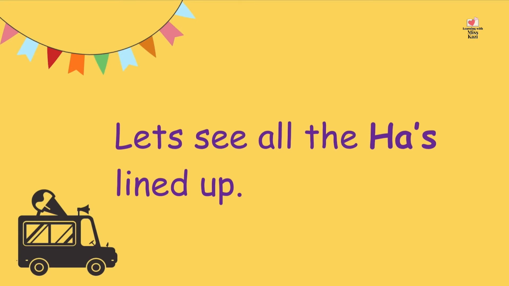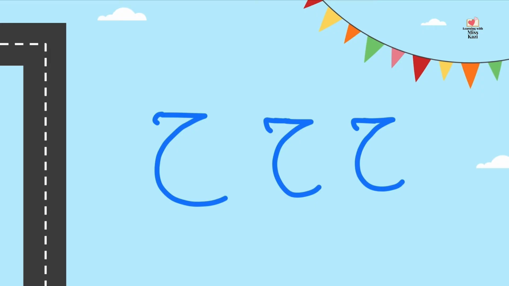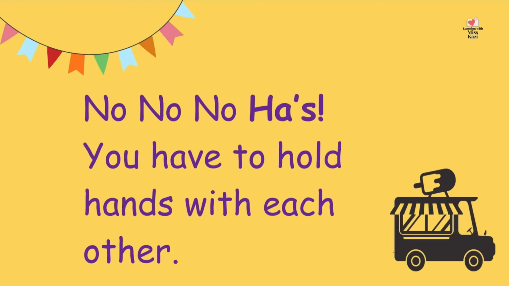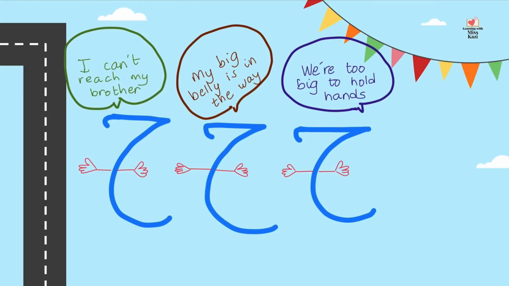Now let's see all the has lined up. No has. You have to hold hands with each other. We are too big to hold hands. My big belly is in the way.